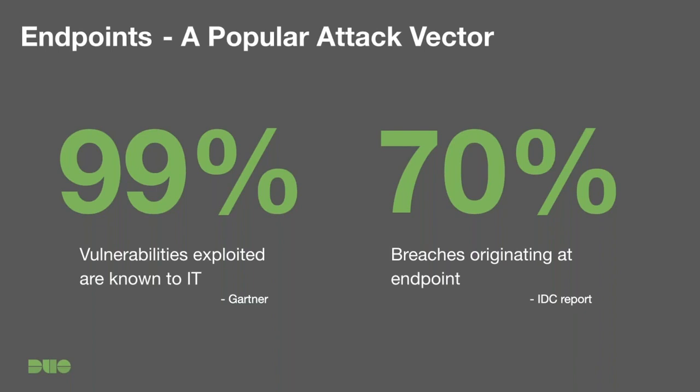So it's a matter of the workforce not updating or not addressing their fleet of devices, or folks using devices that aren't managed by corporate IT, and attackers gaining a foothold that way. Another statistic is that 70% of breaches originate at the endpoint. So a compromised endpoint or some sort of failure at the endpoint is definitely at play in 70% of breaches.